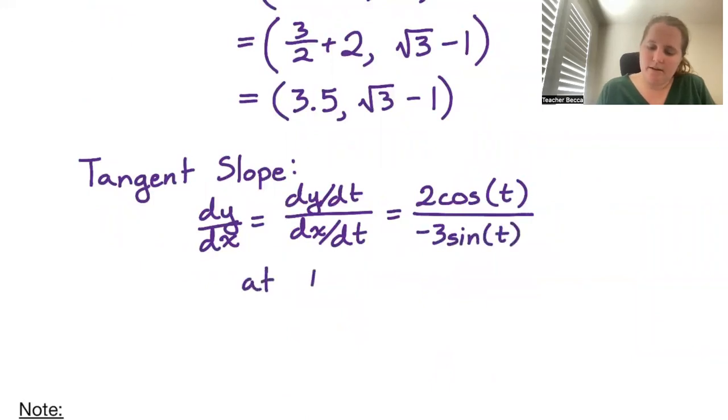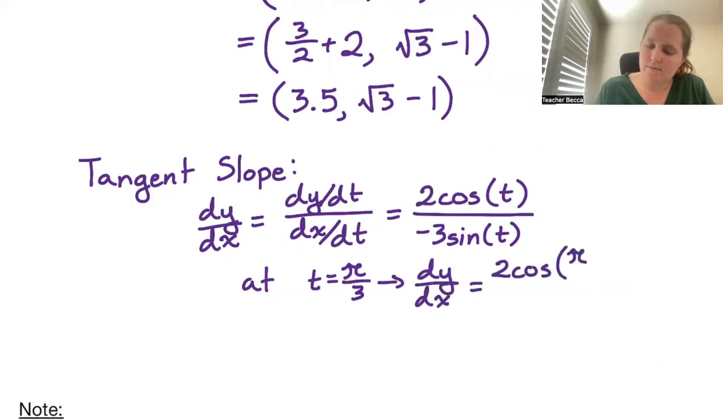So at t equals pi over 3, we have dy dx is 2 cosine of pi over 3 over negative 3 sine of pi over 3.